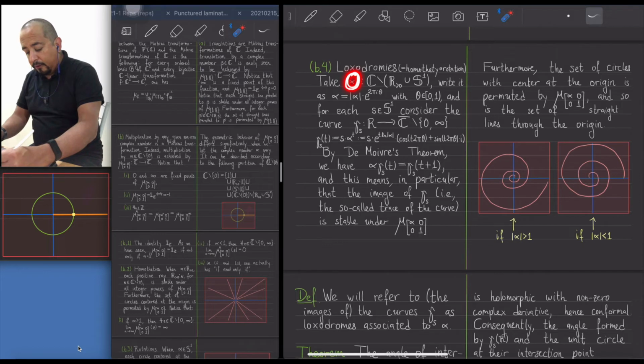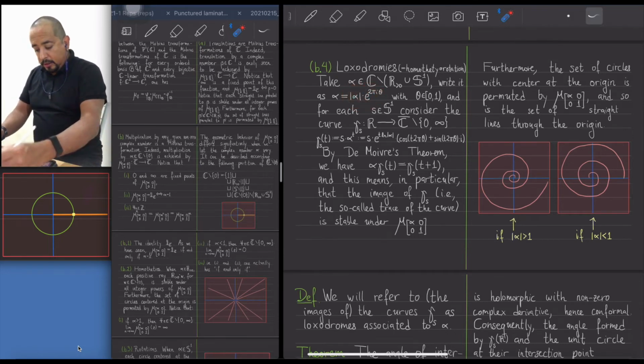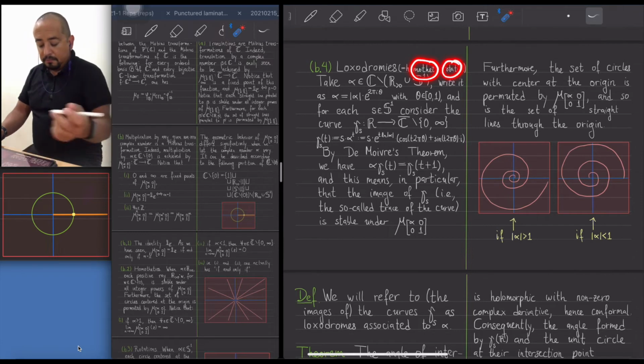Write alpha in polar form, first multiplying by this complex number of norm 1, an element of S1, and then by the norm of alpha. Of course, it commutes. If you first multiply by this and then by this, you get the same thing. So in this case, you can always write the Mobius transformation as either a rotation followed by a homothety or a homothety followed by a rotation. Okay, fairly easy.